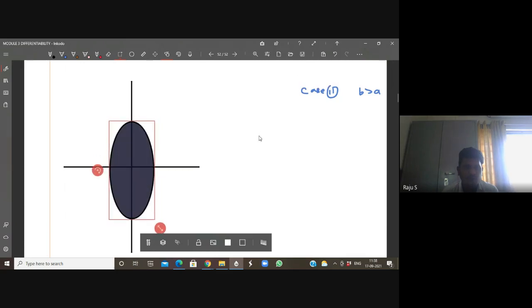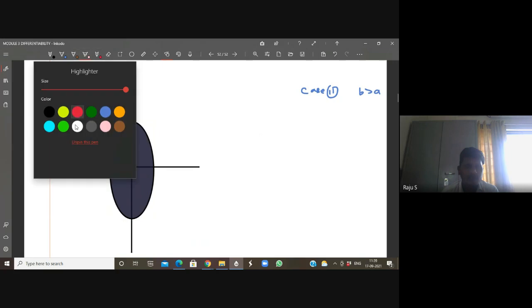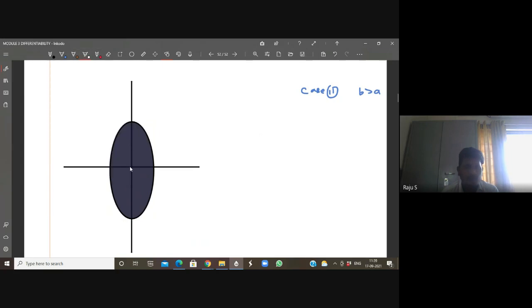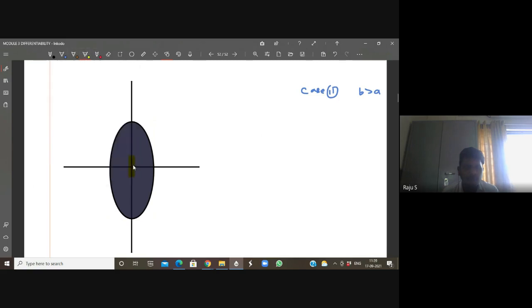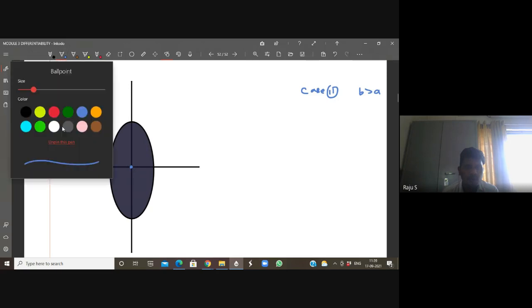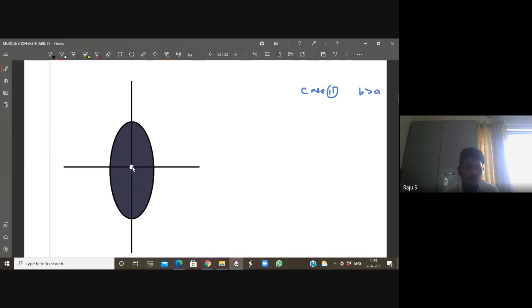I'm taking this here. This is the center, clearly 0, 0, and there exist two vertices here, and the major axis is clearly the y-axis. And two foci, this is S, this is S dash.